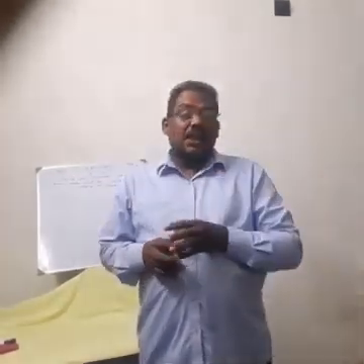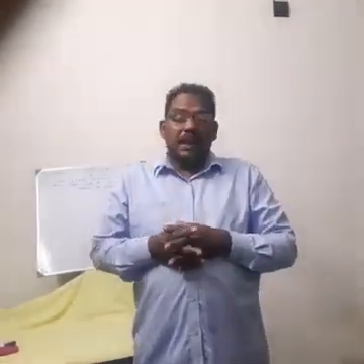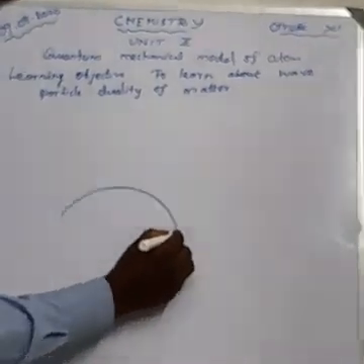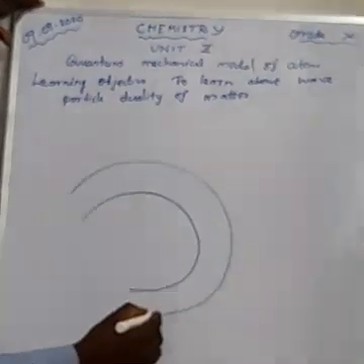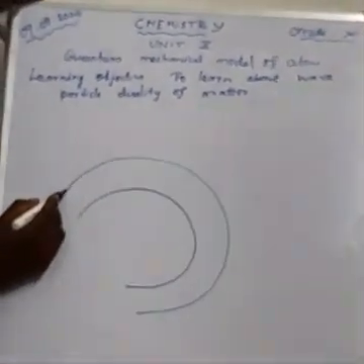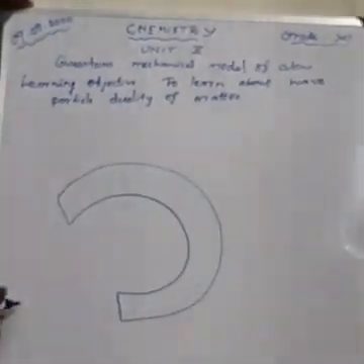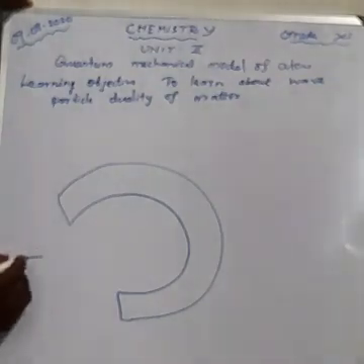He got 3 observations. What are the 3 observations he got from the experiment? Let us discuss by means of a diagram. First, let us draw the diagram. Here they are taking a thin foil of gold.